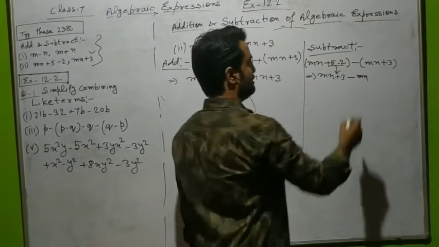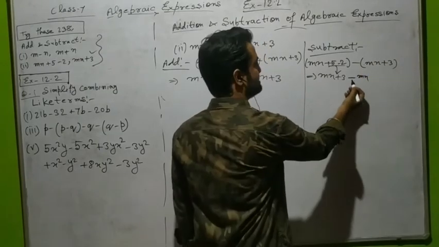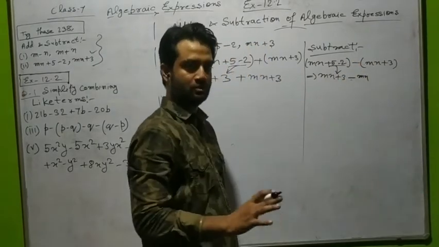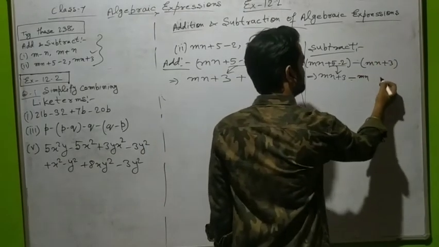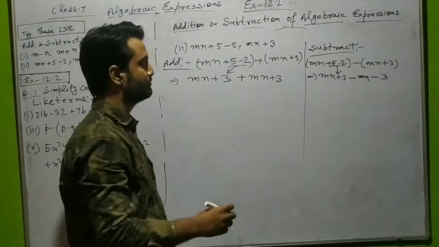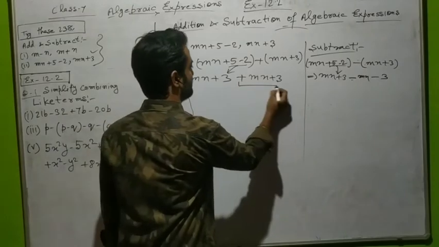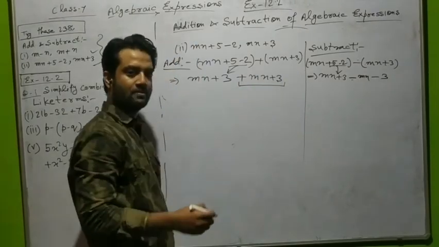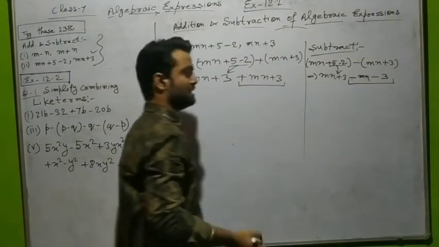The reason is negative multiplied by positive makes it negative. Okay. Now again, negative multiplied by positive makes it negative 3. Now you see what is the difference? When we are adding, here is plus mn plus 3. When we are subtracting, here is minus mn minus 3.